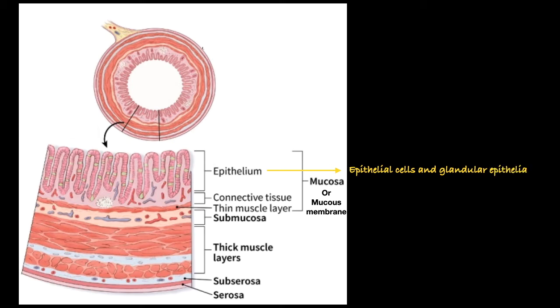It also contains glandular epithelia that secrete a substance called mucus, mainly composed of mucin. Mucous membrane and the mucus serve primarily in protection and lubrication. Mucous membrane is surrounded by muscular layers. When these layers contract, they push food down the digestive tract.